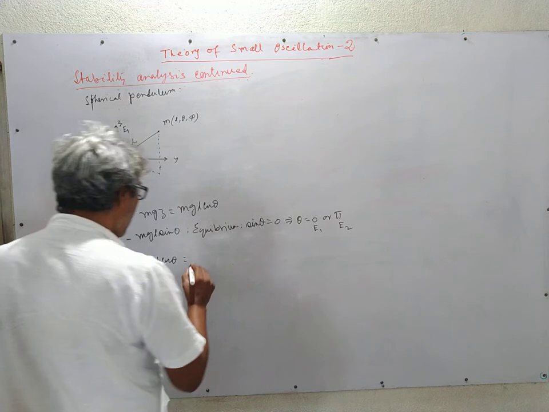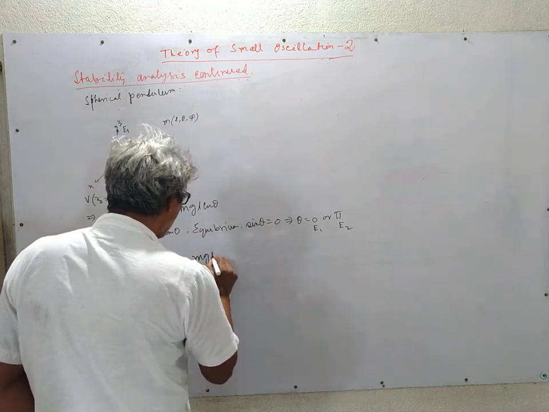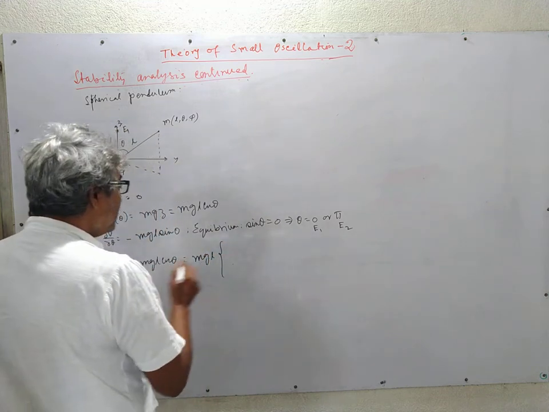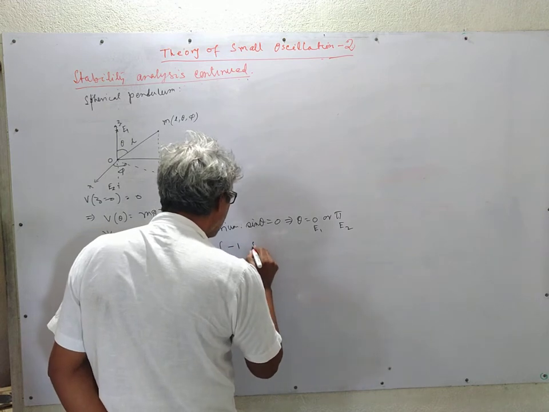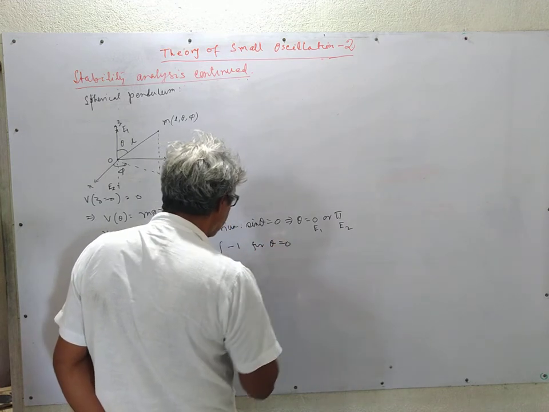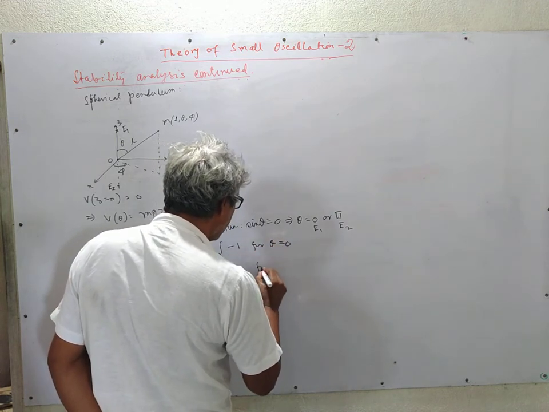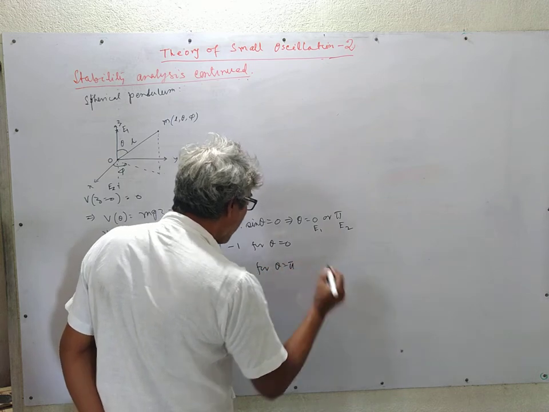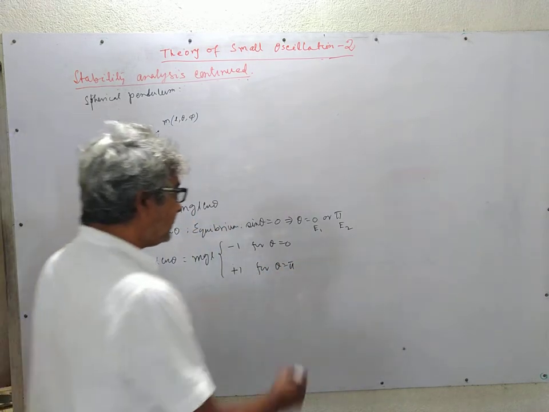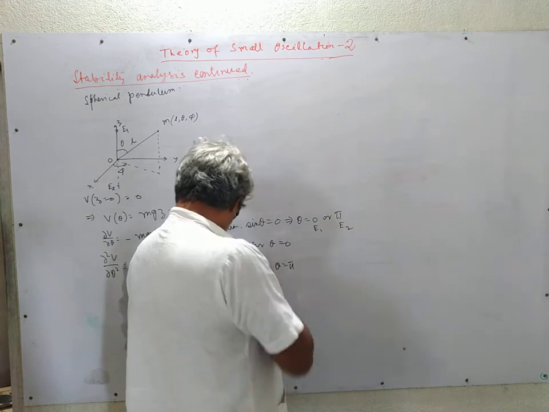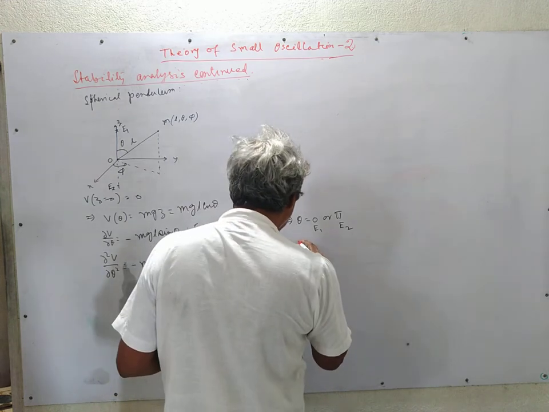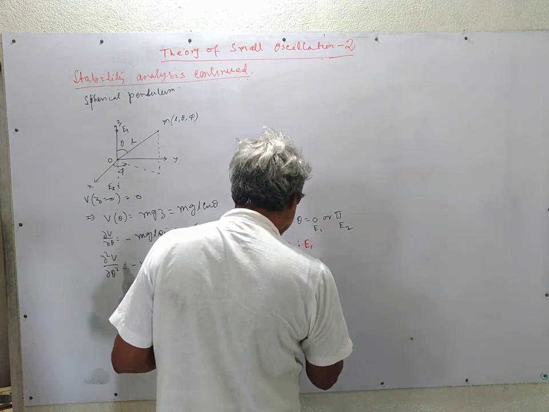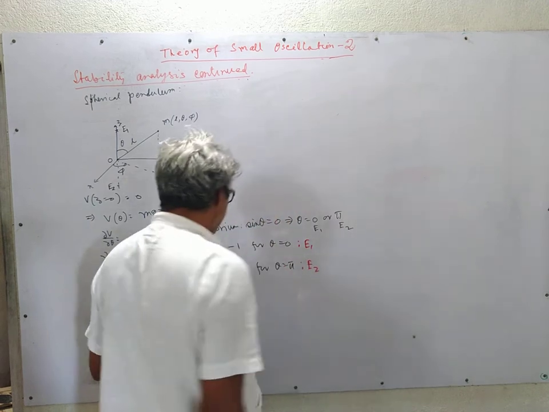Taking this positive quantity out, this is minus 1 for theta equal to 0, and plus 1 for theta equal to pi. So this point is E1, and this is the equilibrium point E2.